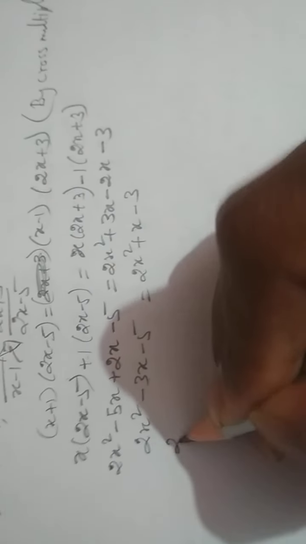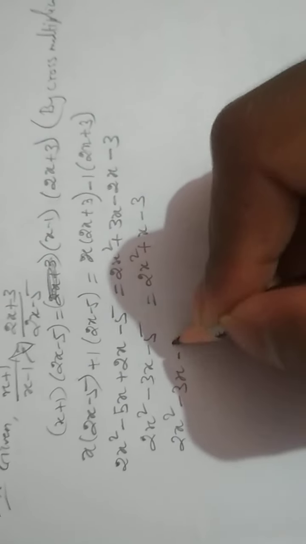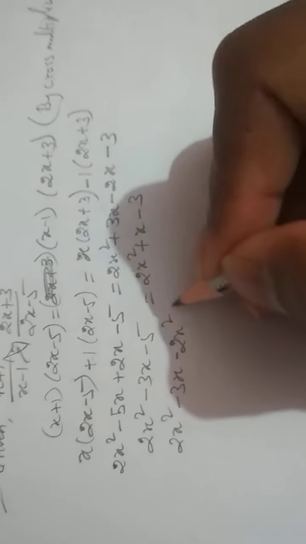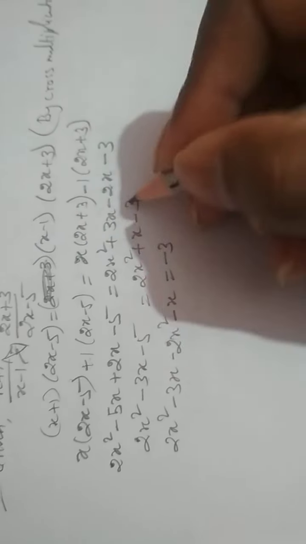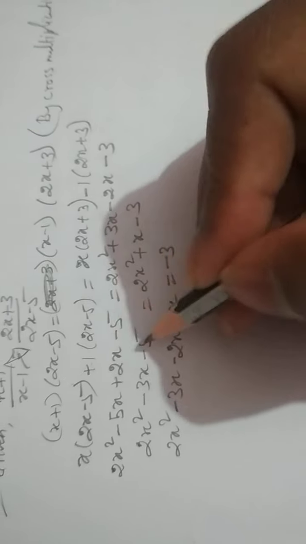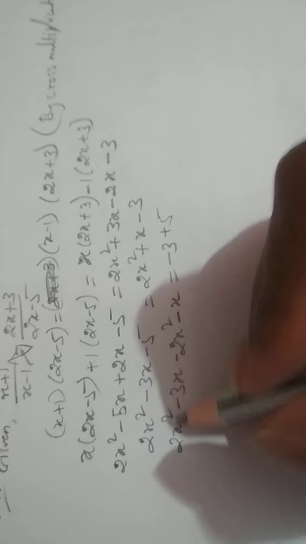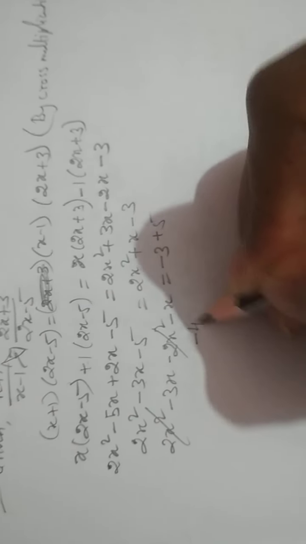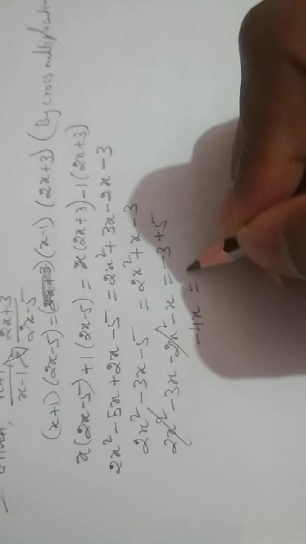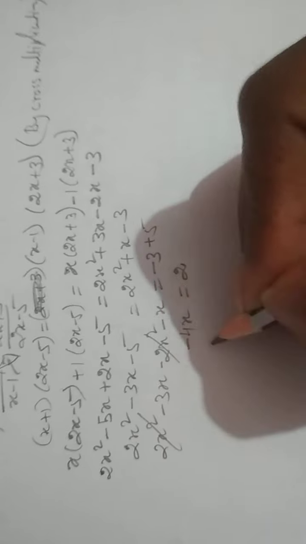So 2x square plus 3x, this variable we transpose to left hand side, so minus 2x square minus x is equal to minus 3. We transpose this minus 5 from LHS to RHS, plus 5. So 2x square minus 2x square cancel, minus 3x minus x, minus 4x is equal to minus 3 plus 5, plus 2. Next we transpose the coefficient of x from LHS to RHS.